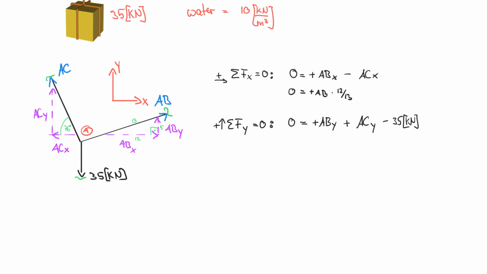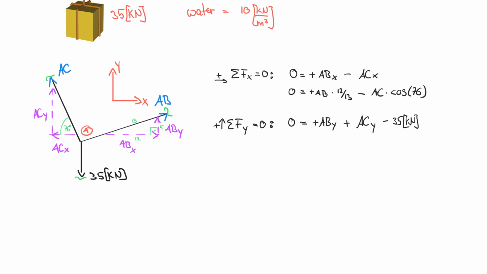And then I have to subtract my ACX, which is AC times the cosine of 76. So what I've done now is I expressed the horizontal component ABX in terms of the triangle here, and my ACX is expressed in terms of the cosine.